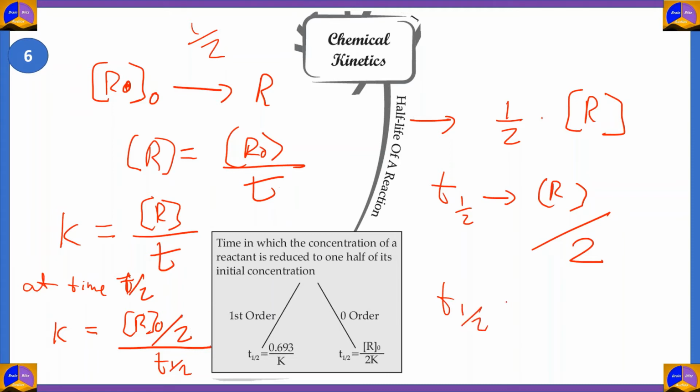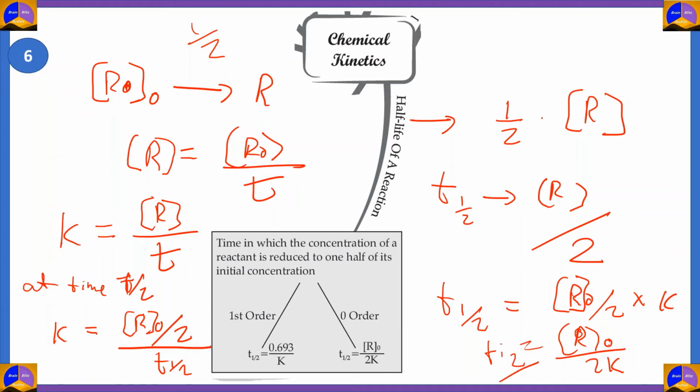On rearranging the equation, we get T half, the half-life, equal to R naught by 2 into K. So that'll be R naught divided by 2K. So this is the equation for the half-life of a reaction: R naught divided by 2K.